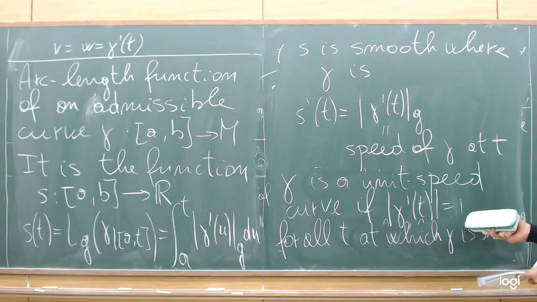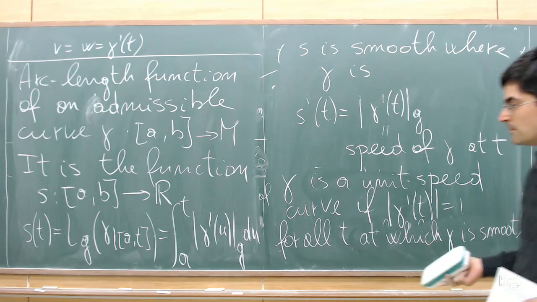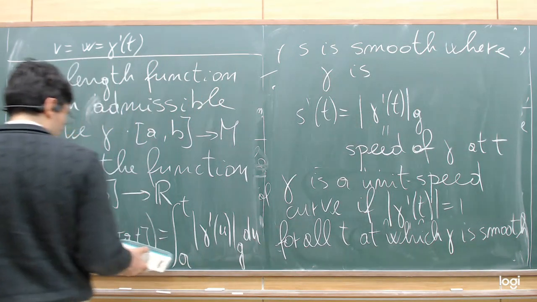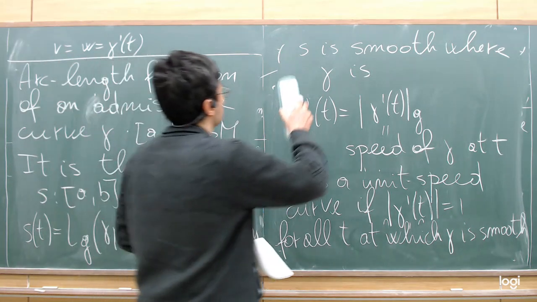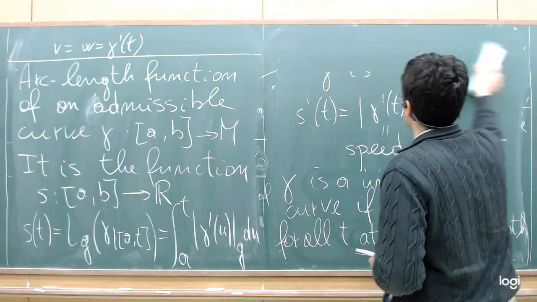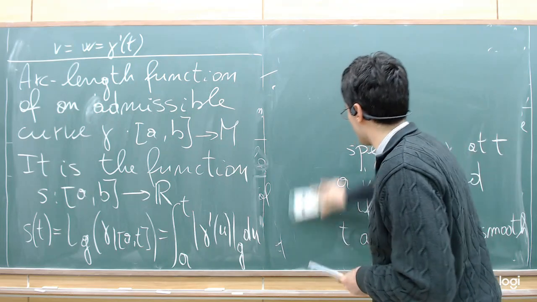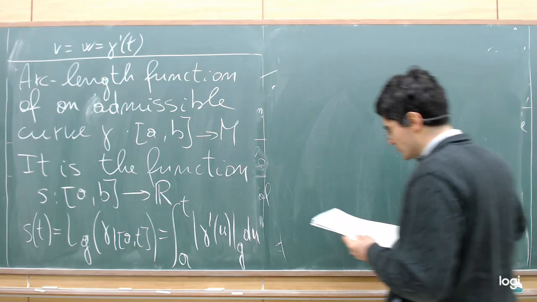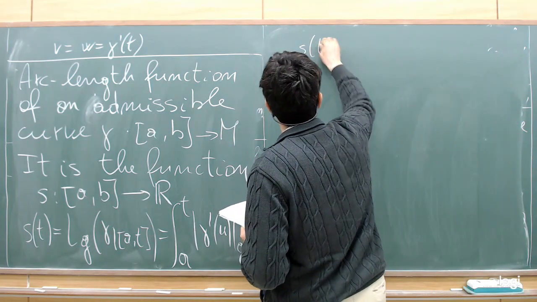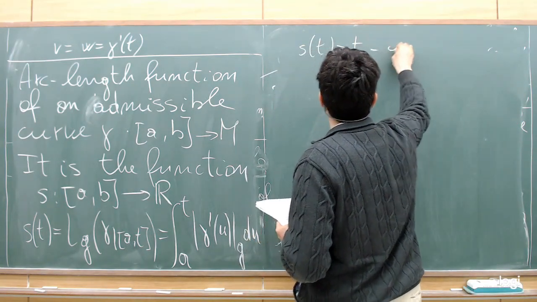If this is true, what happens to this formula? It reduces to S of t equal t minus a.